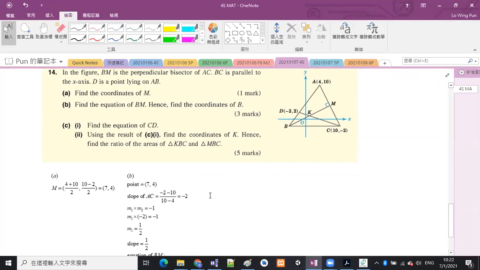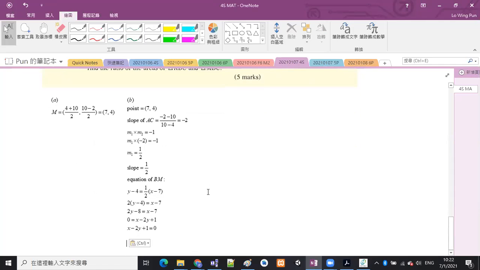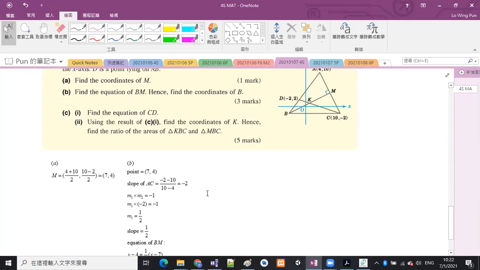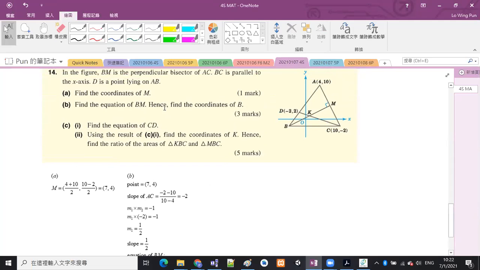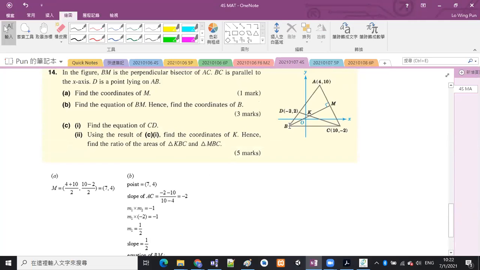But that is not the end, because the question asks us to find the coordinates of B also, right? The coordinates of B is a point on BM, and BC is horizontal, okay?